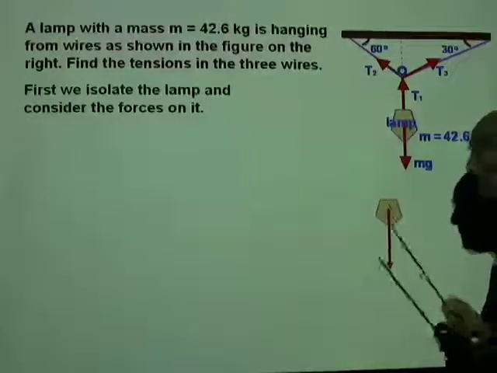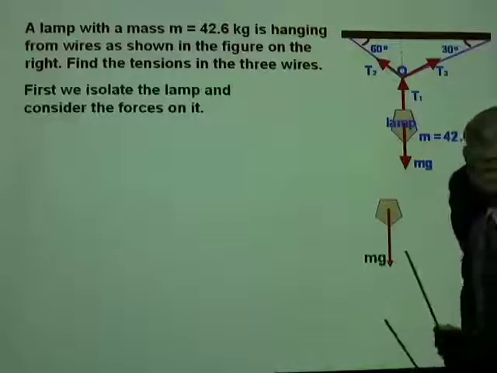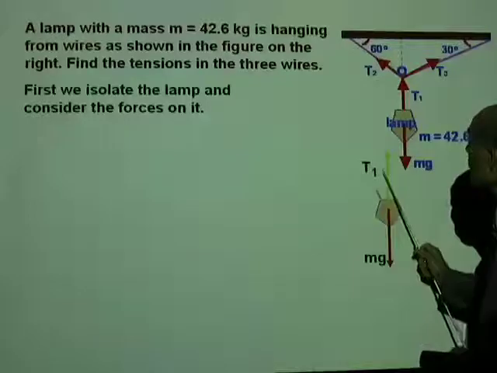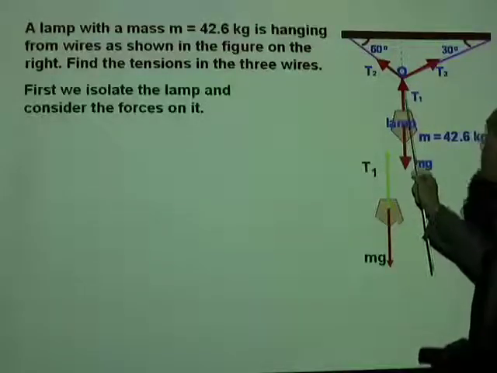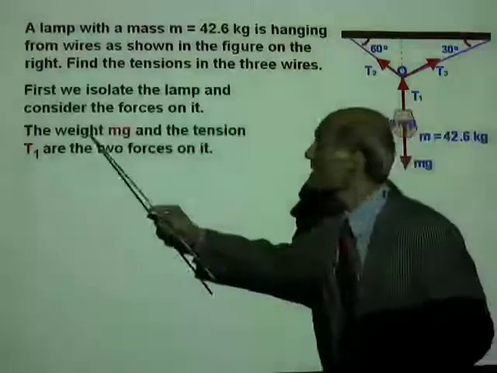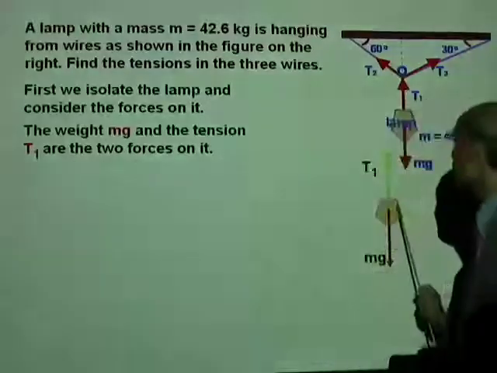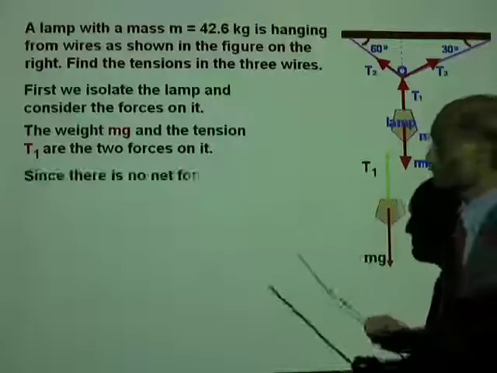I'm going to mark the forces on the lamp. The first force on the lamp is its weight mg, and the other force is the tension T1 on this piece of string. The weight mg and the tension T1 are the two forces acting on the lamp.